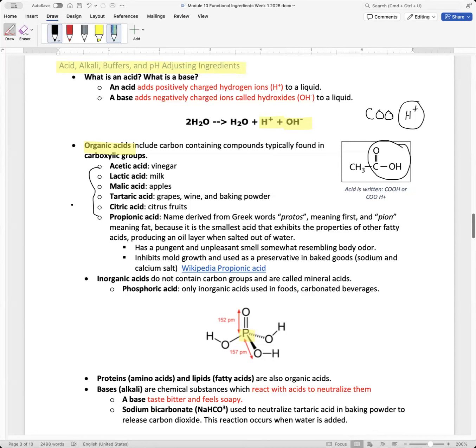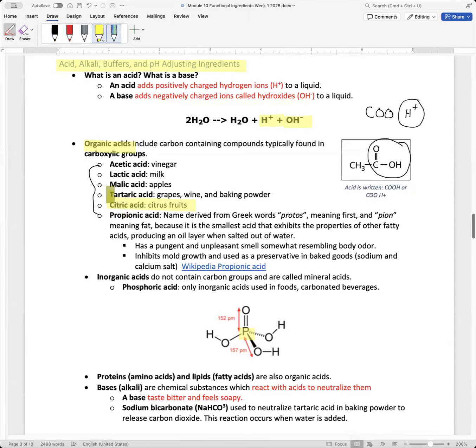But if we look at them, you probably already know most of these anyway. Citric acid comes from citrus fruits like lemons and oranges. Tartaric acid comes from grapes and wine, right? It's also the acid that's used in baking powder.